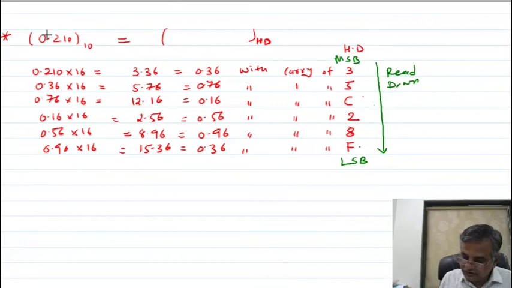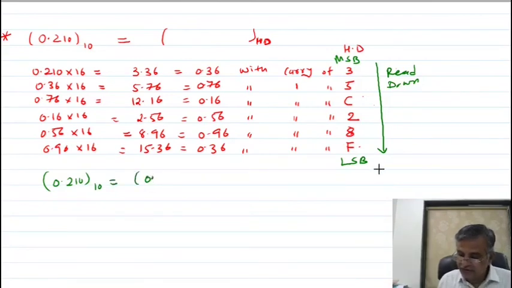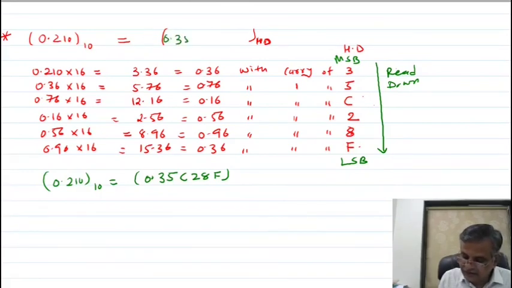So for this fraction, I should write the point, read down, so it is 3, 5, C, 2, 8, F. So my answer is point 35C28F.